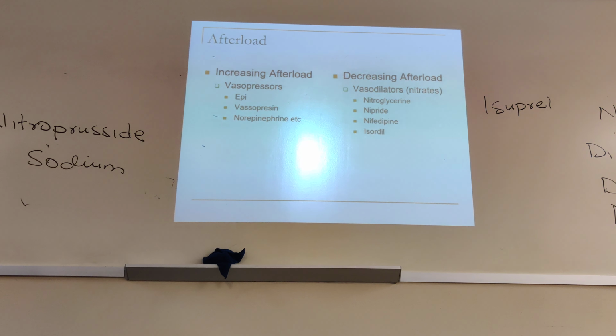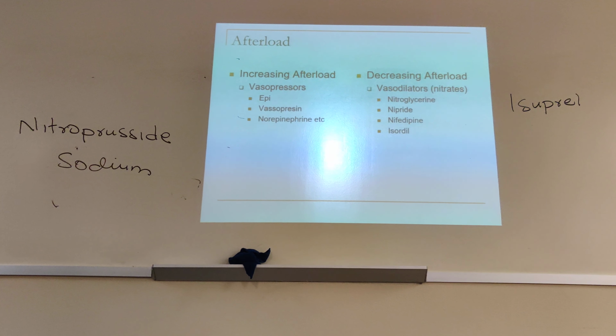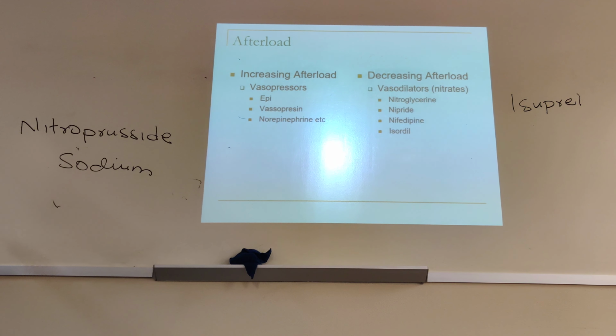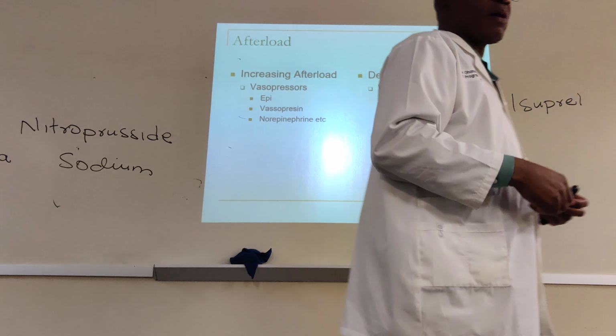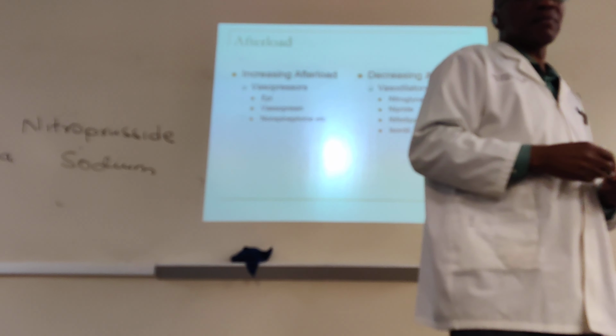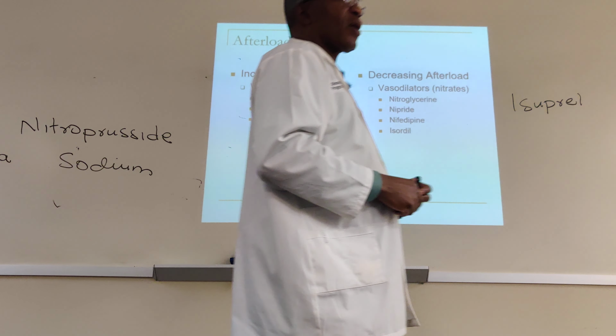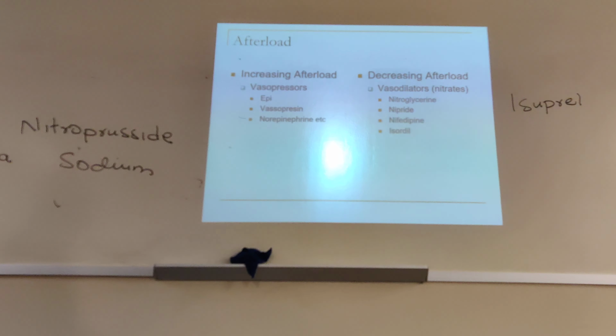We have nifedipine. Okay? Nifedipine is also called Procardia. It's a vasodilator. In fact, there is some drug that if your mother comes in with Braxton Hicks having premature labor, they will inject them with nifedipine. Okay, it decreases contraction of the uterus. Okay, it's a vasodilator.